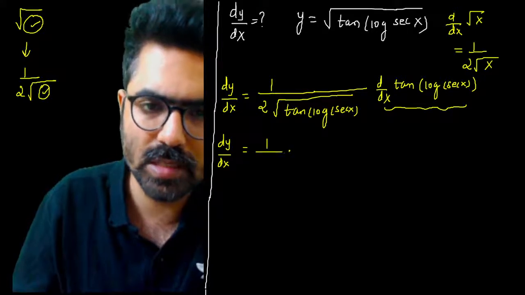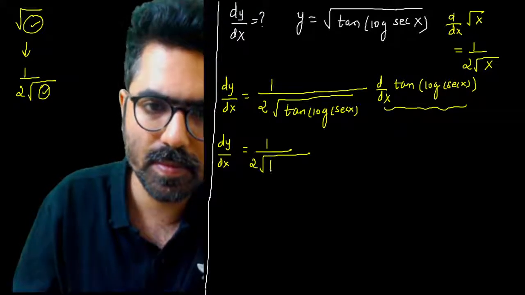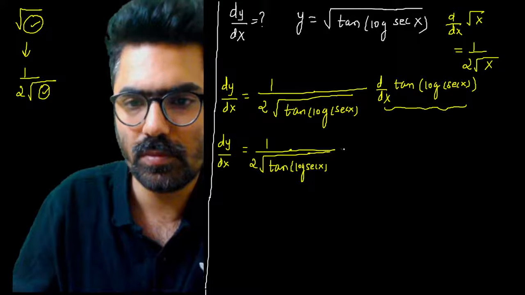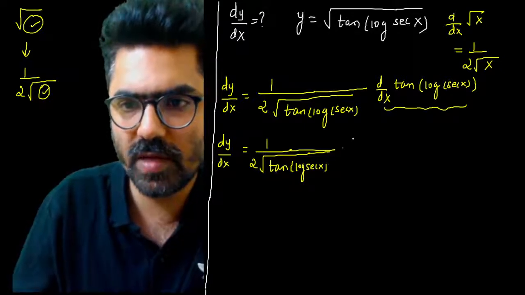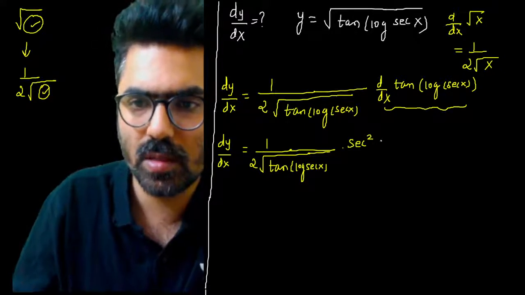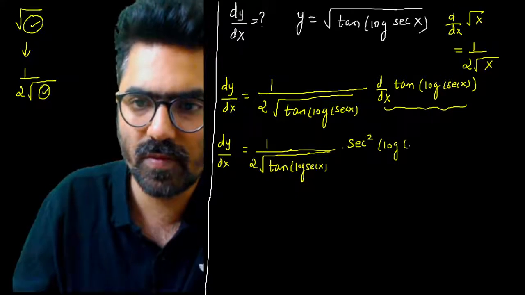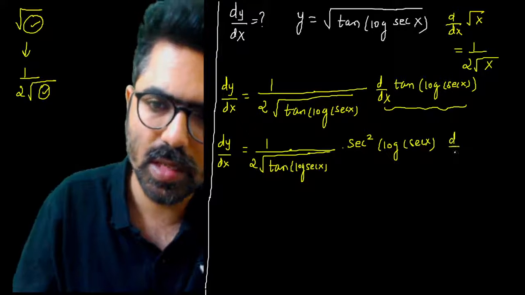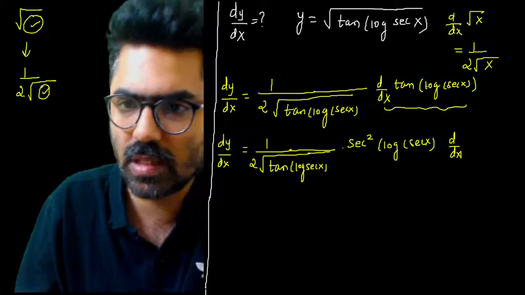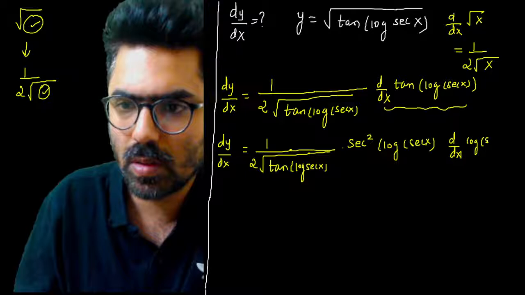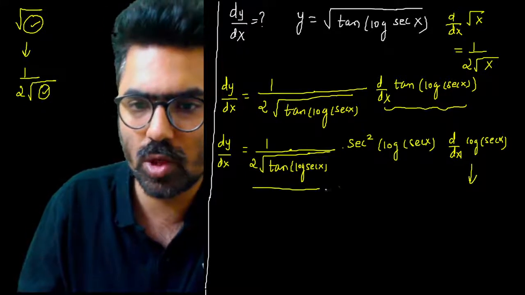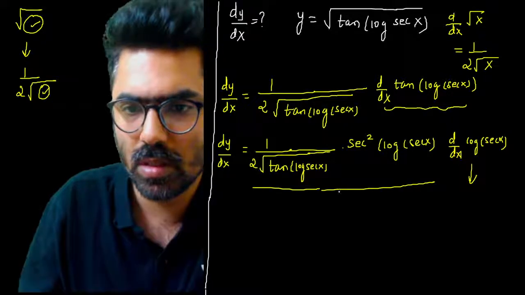This part will be copied as it is, into derivative of tan x. It is sec square log of sec x. Sec square log of sec x, into derivative of the next function after tan, which is log of sec x. ये तो वैसे ही copy होगा. This entire part will be copied here.